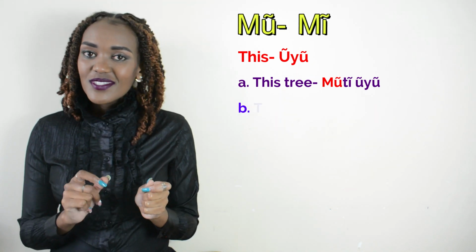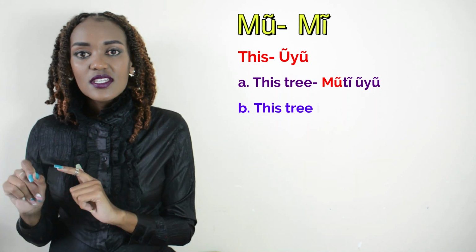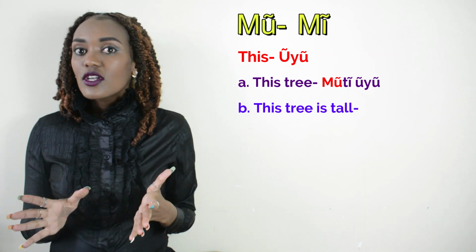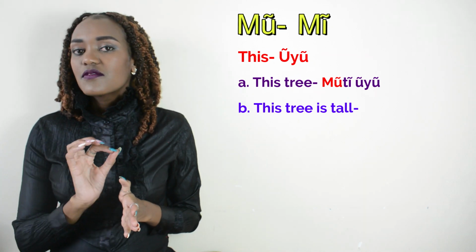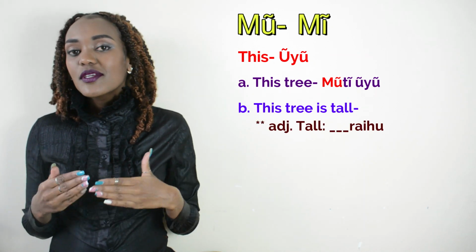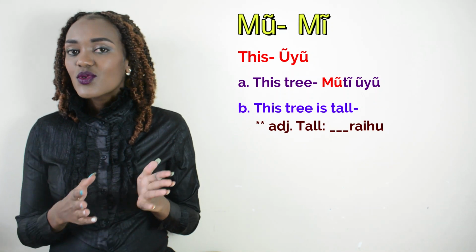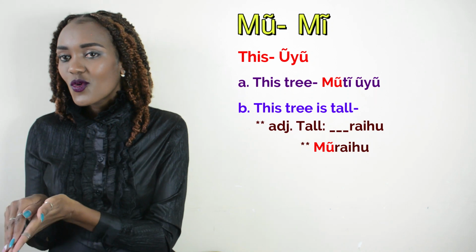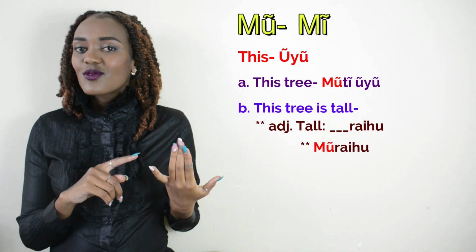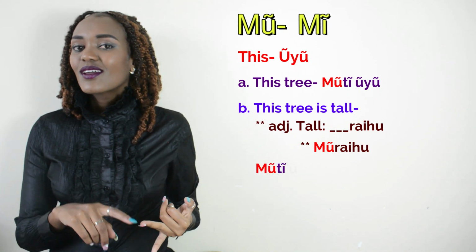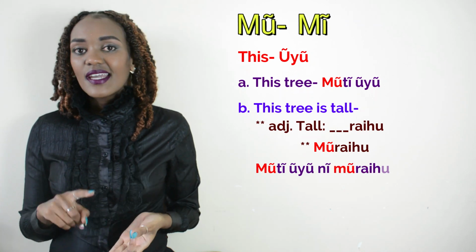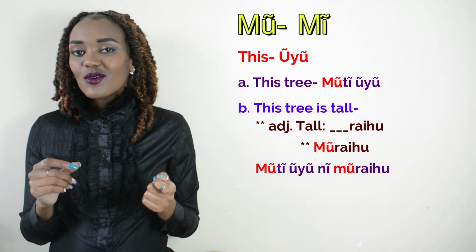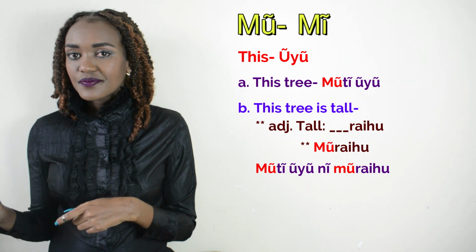So if we want to say this tree is tall, tall is the adjective, so we have raihu, but because our noun starts with mo, we're going to say moraihu. So mote oyo ne moraihu.